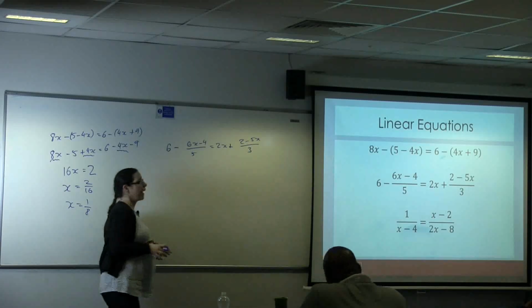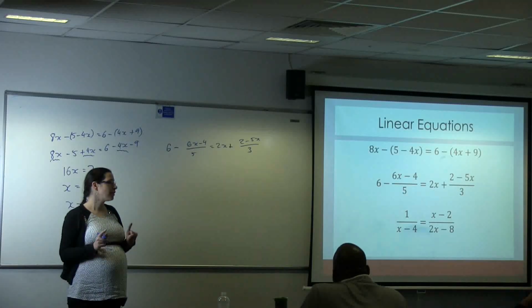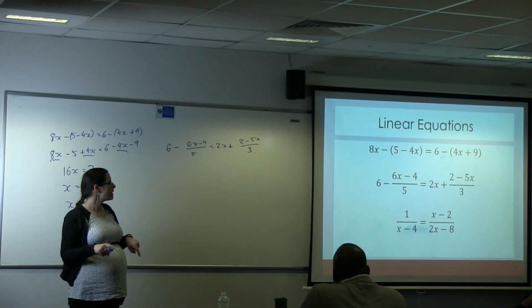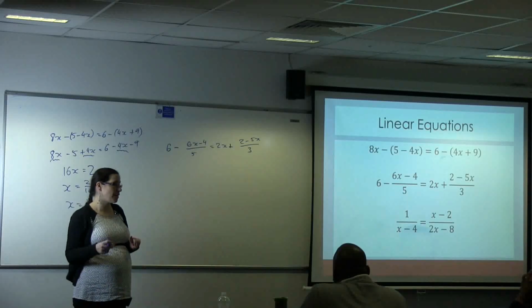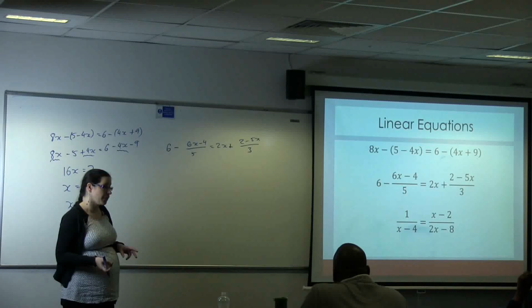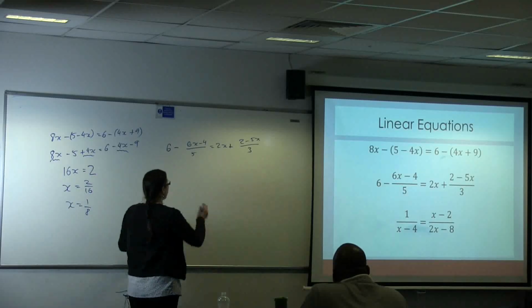What I see here again is that I've got two fractions with different denominators. I need to again find the common denominator. And in this case, the smallest number that both 5 and 3 divide into without a remainder is 15. So I'm going to have to make the two fractions into 15ths.